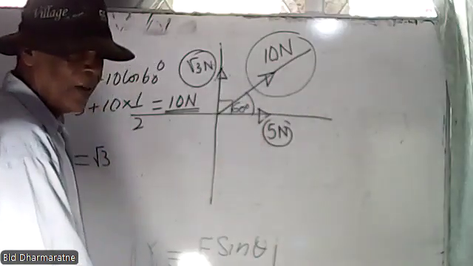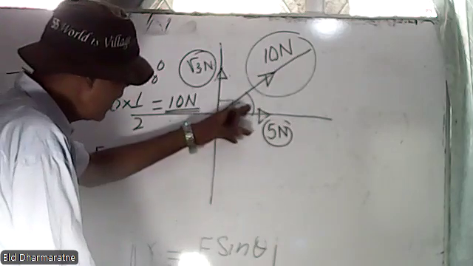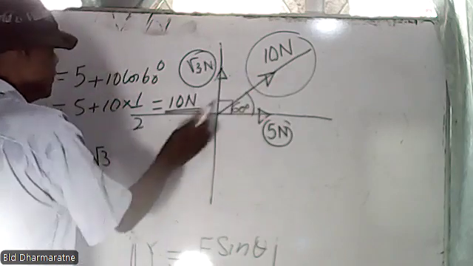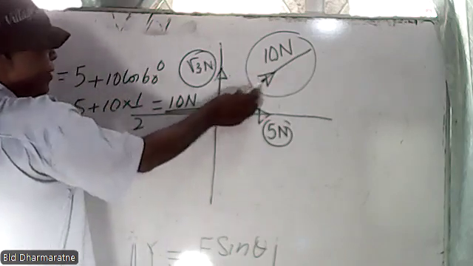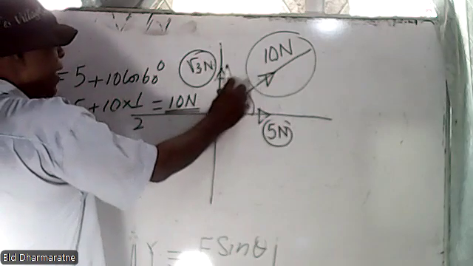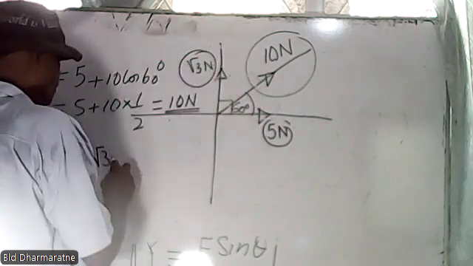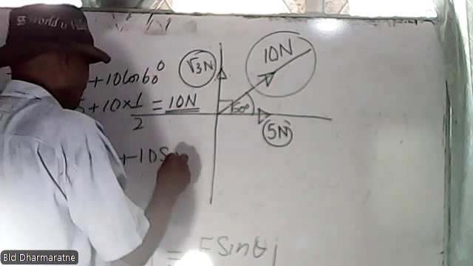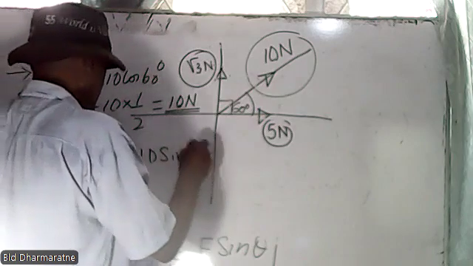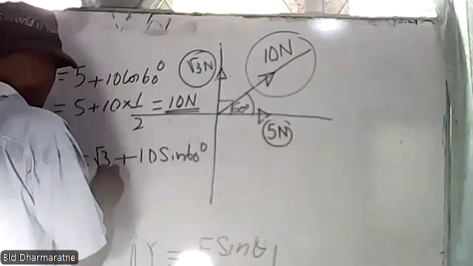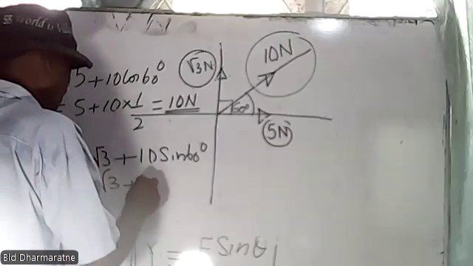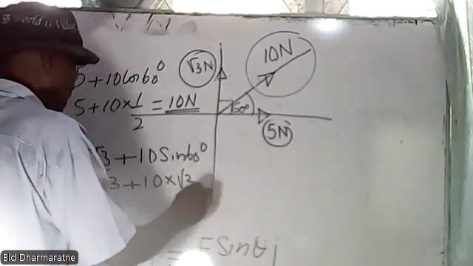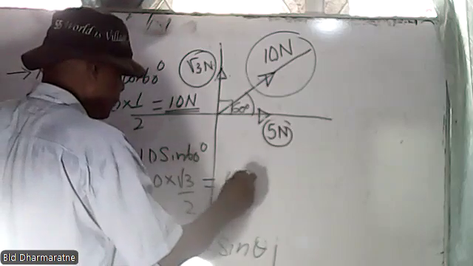With the horizontal angle, 10 sine 60. The direction is here, the arrow direction is the same, positive. Then 10 sine 60 equals root 3 plus 10 into root 3 over 2, which is 6 root 3 Newton.